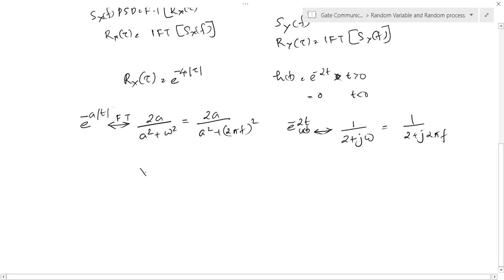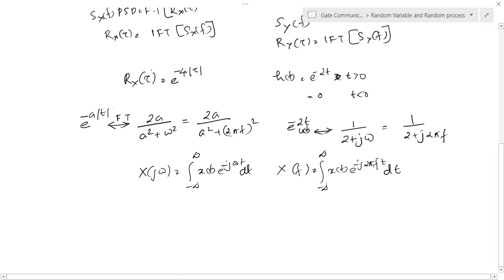The Fourier transform can be written either in X of j omega form, integral from minus infinity to infinity of x of t e raised to minus j omega t dt, or you can use the representation X of f equal to the integral from minus infinity to infinity of x of t e raised to minus j 2 pi f t dt.